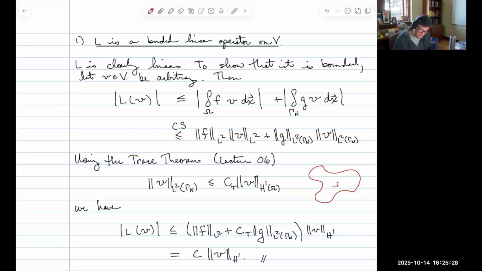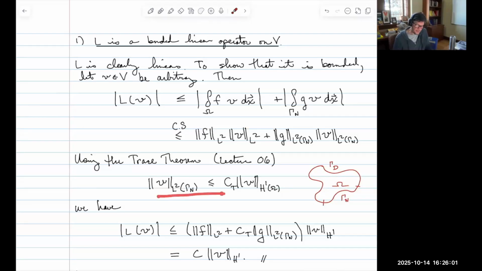So this is omega, but gamma d or gamma n is some portion of that. So in this case, maybe gamma n is like that, and gamma d is all the rest of it. So I'm trying to control the L2 norm of V on this boundary based on the H1 norm over this set omega.